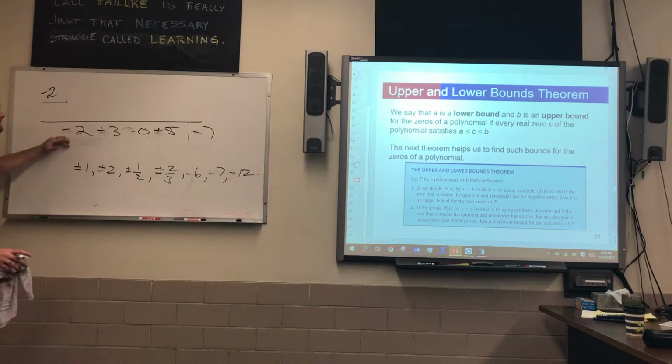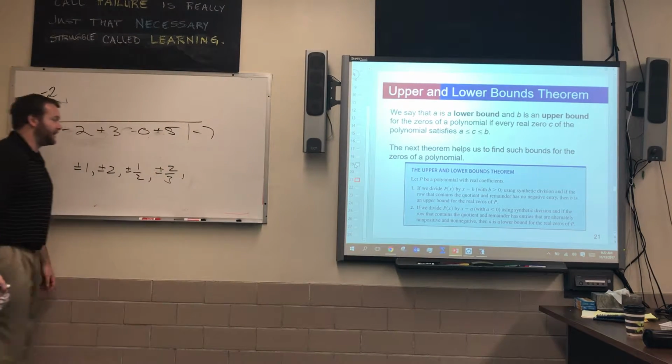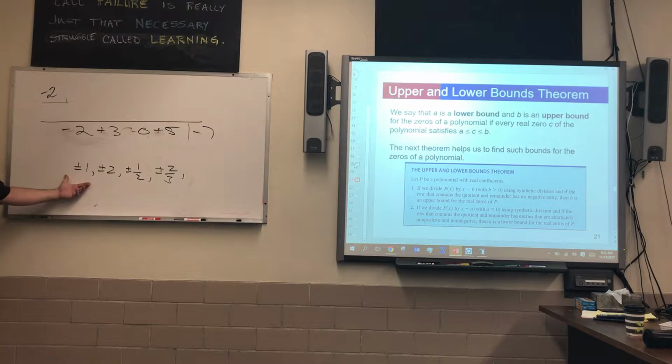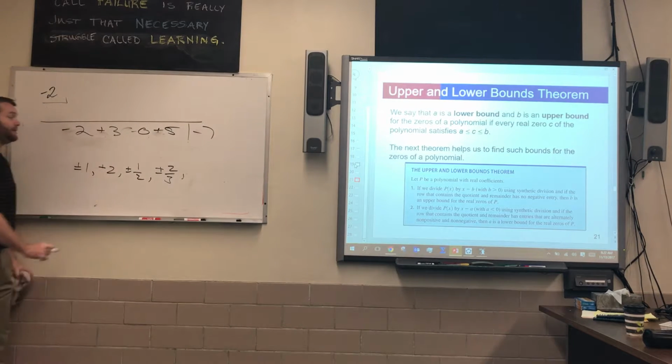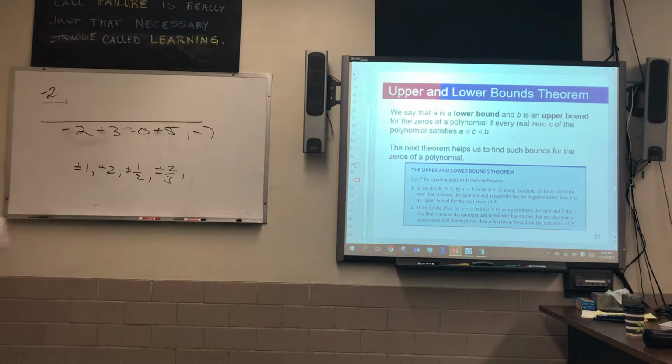If this occurs, that tells you that this negative 2 was a lower bound, and nothing to the left of negative 2 on the x-axis is going to be a rational 0. So what does that do? Crosses those out, and now my P over Q, obviously negative 2 is not a 0 either, but my negative 2 has now created my P over Q list to be much smaller.